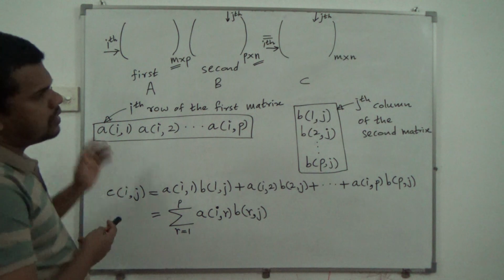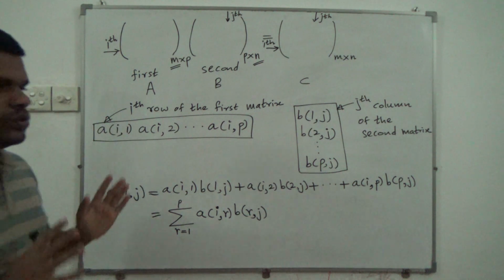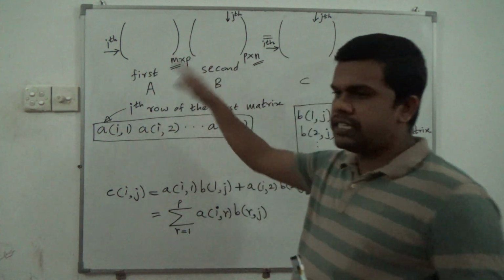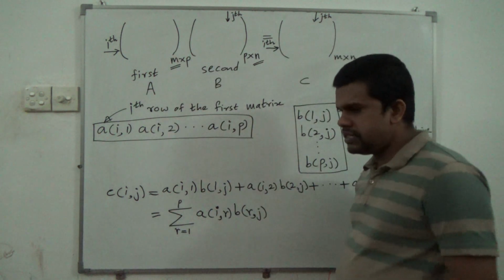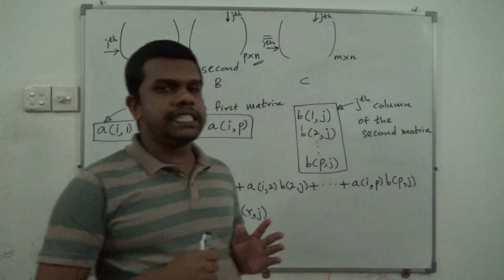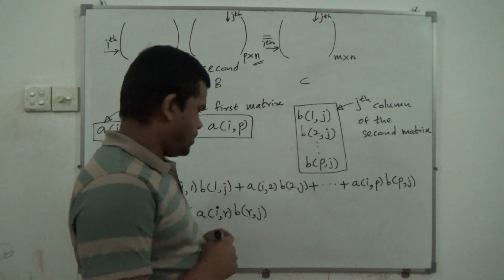So now I hope you can understand the multiplication of two matrices. After that I will explain six examples.